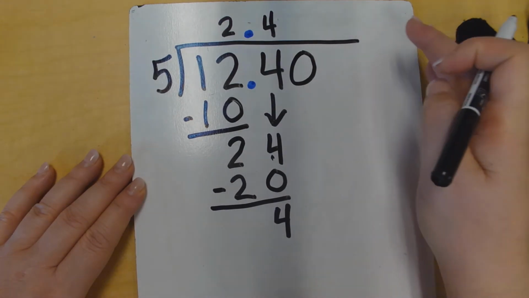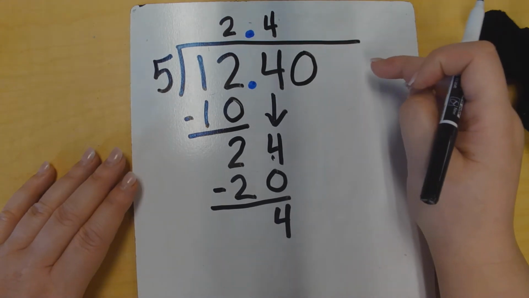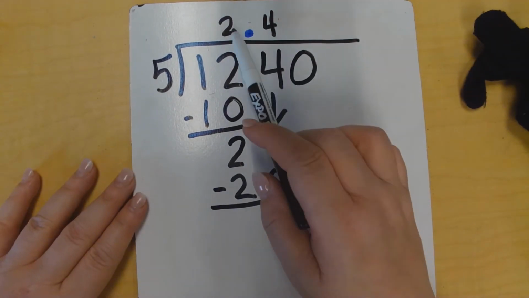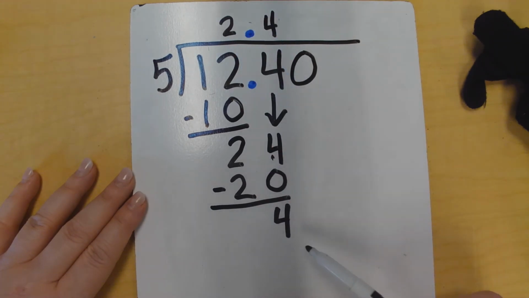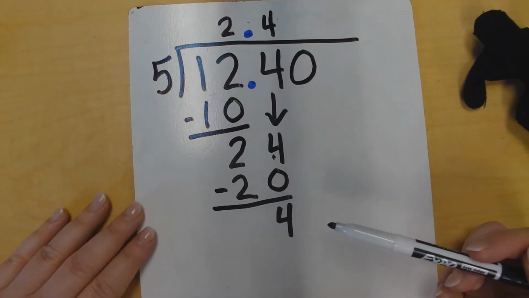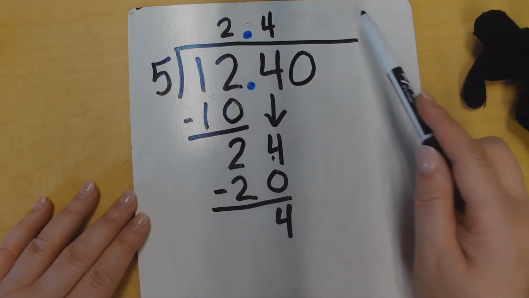And we can keep adding zeros in the decimal places as we need them to get rid of this remainder. We don't want to say our answer is 2 4/10 remainder 4 because we want to move on to the next step as mathematicians and change these remainders into decimal numbers.